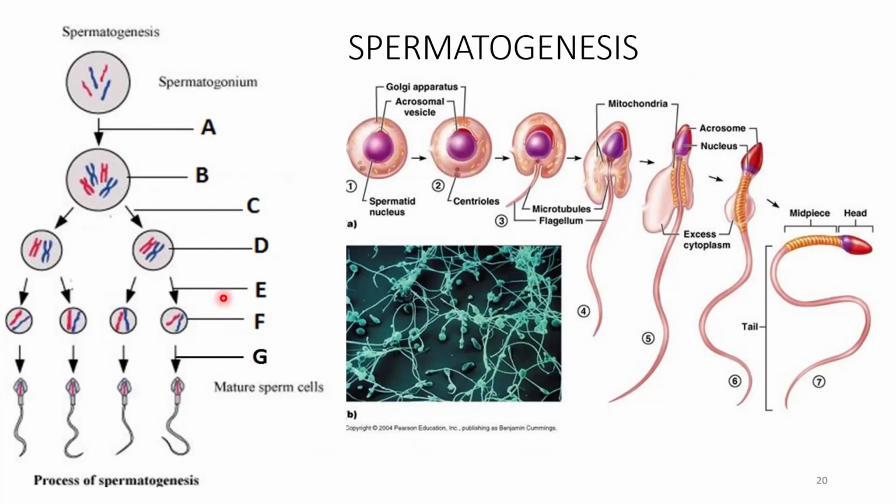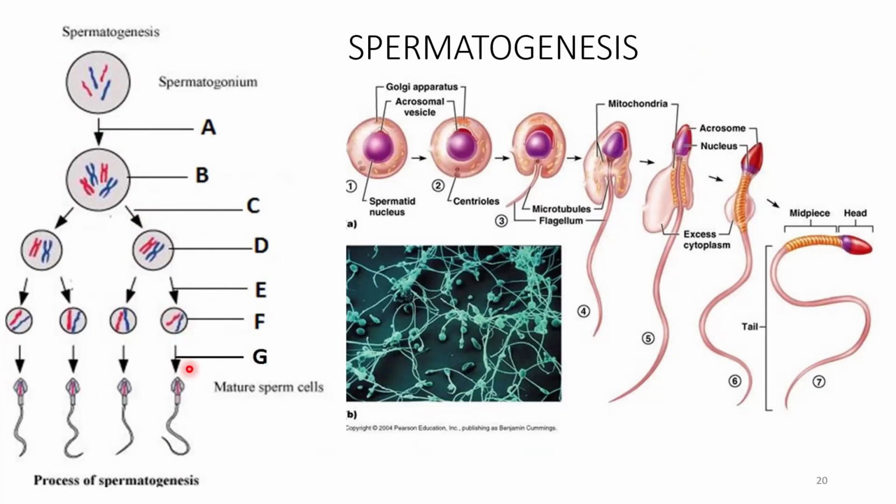Okay, then we'll have here the process of meiosis happening. First, this is mitosis, sorry, A is mitosis. Primary spermatocytes, this is the first meiosis, giving us secondary. Then at this process now, these are the spermatids that we have.